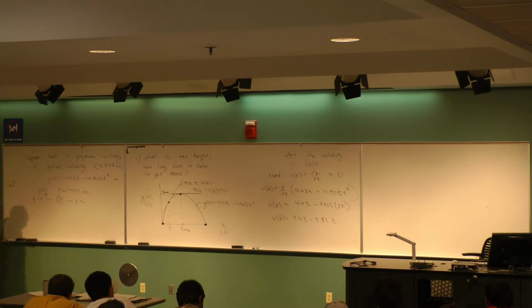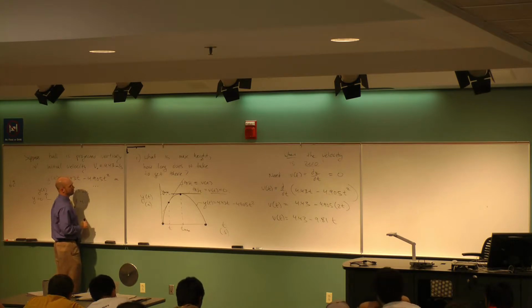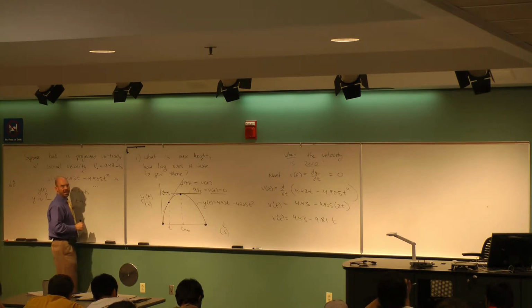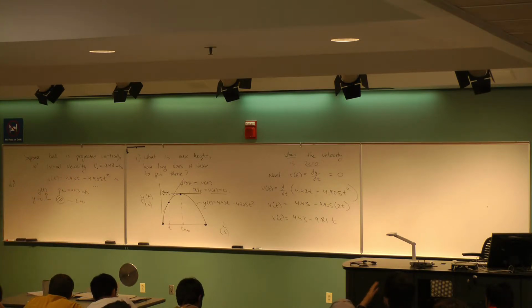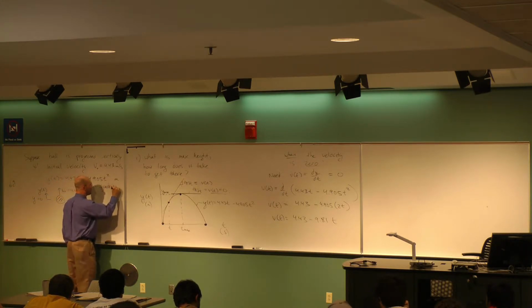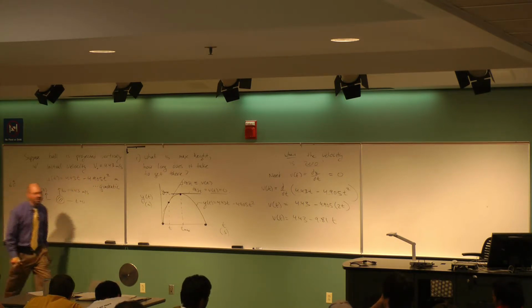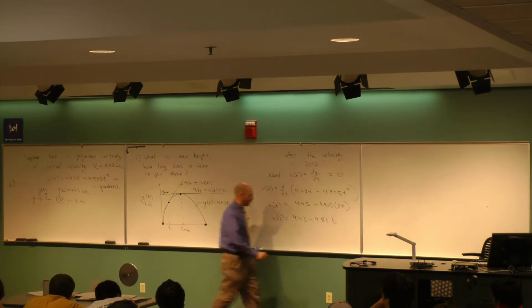So a couple things to note. y of t is what kind of function? It's position, but mathematically it's a polynomial, more specifically a quadratic polynomial. So y of t over here is quadratic. That's what I started with. Whenever I start with a quadratic, when I take a derivative, I end up with what kind of function?